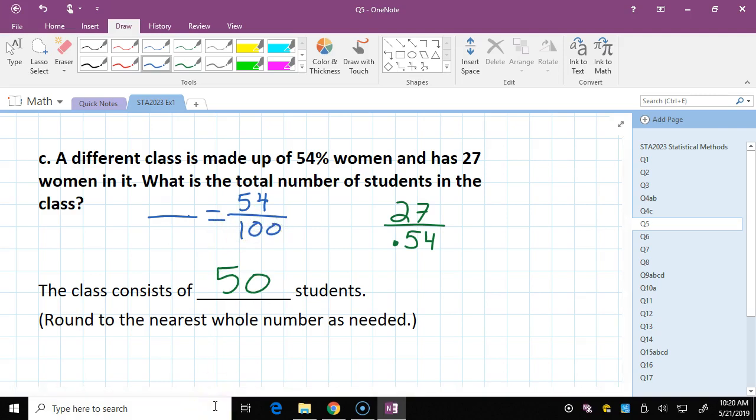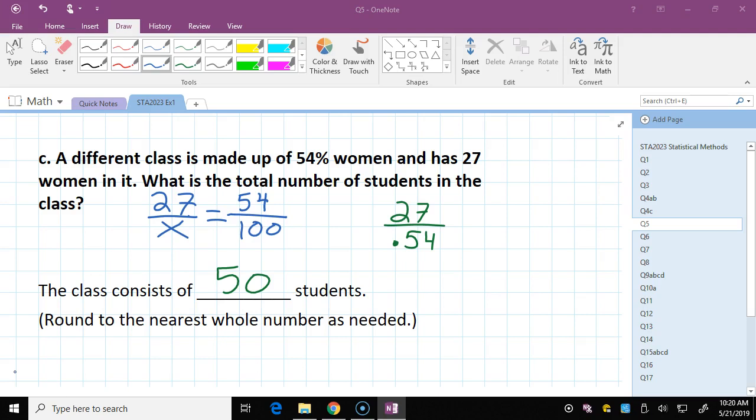Do we know the part of women? Do we know how many people were in the class? No. And there you go. Do your cross multiplying and solve. You get the same answer. Cool beans?